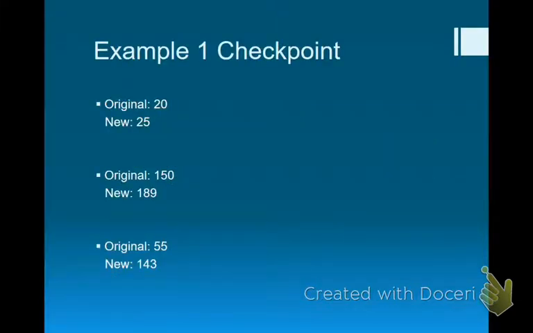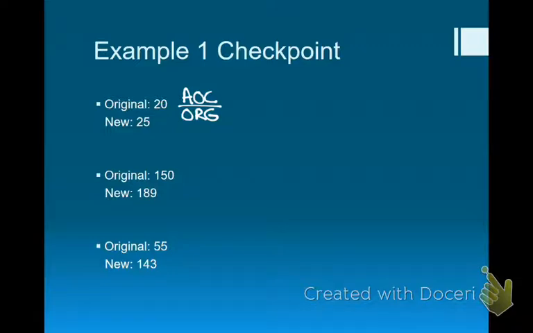In the checkpoint, it gives you a format that mirrors more of what you would see on homework, a quiz, or a test. Just point blank: this is my original amount, this is my new amount, find the percent of change. We always start with our formula, AOC over the original.